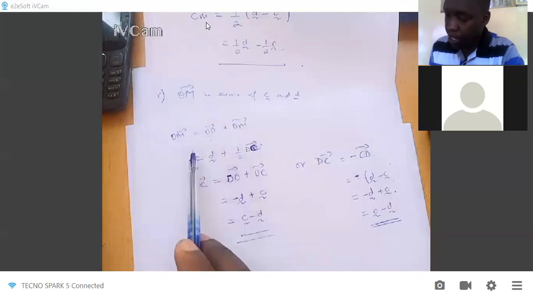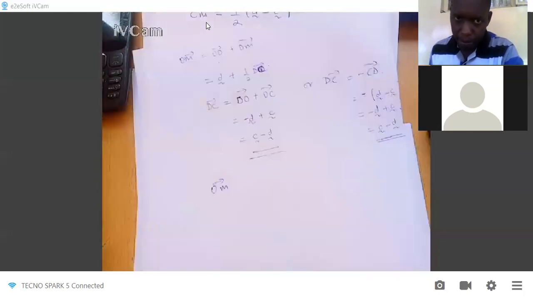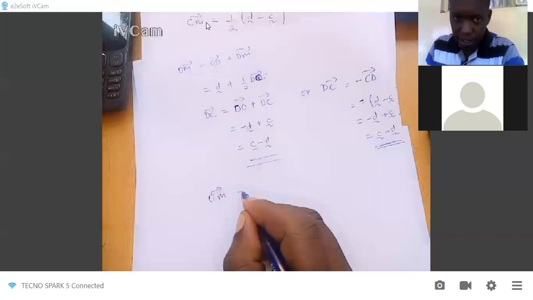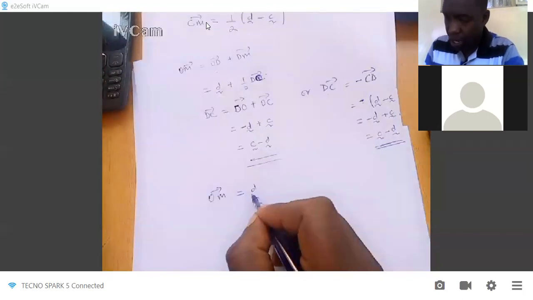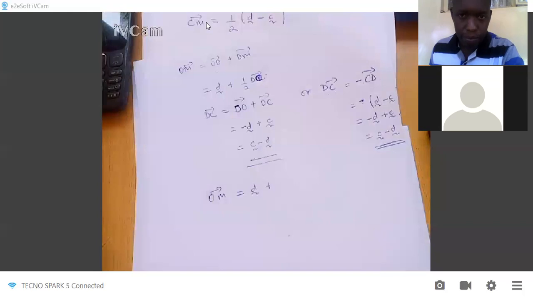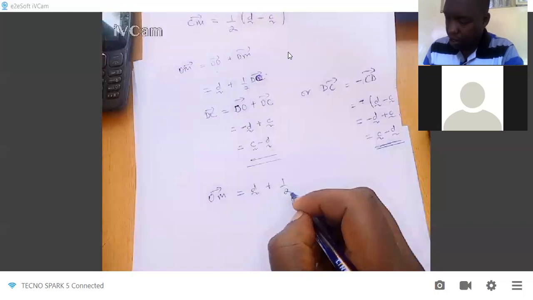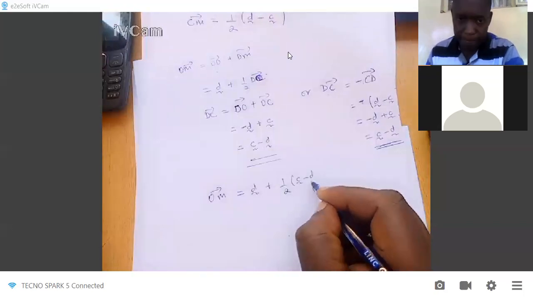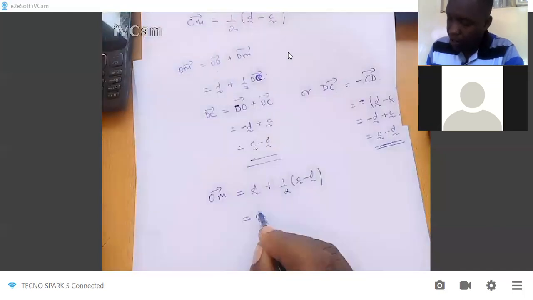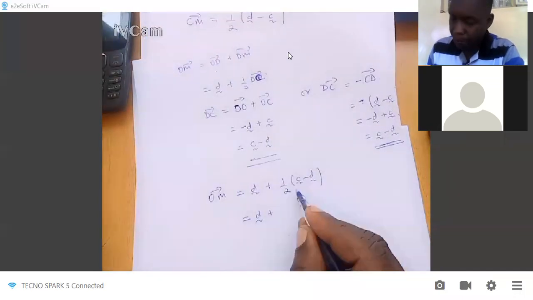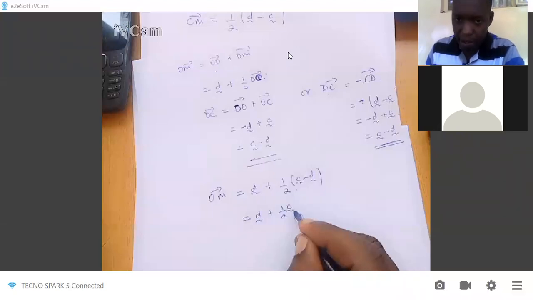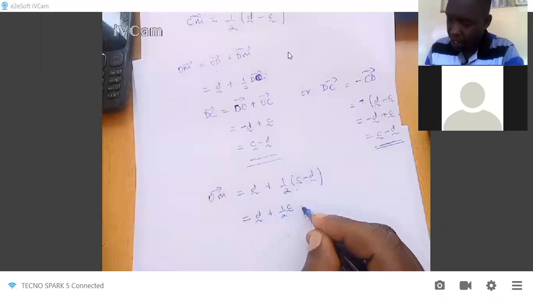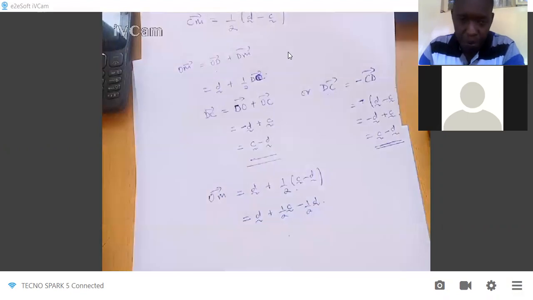So let us proceed here, and we shall say OM is equal to D plus a half, C minus D. So we shall have D plus, open brackets here, a half C minus a half D.